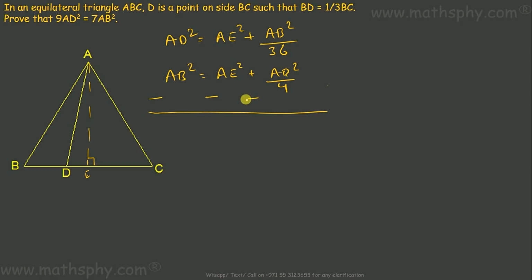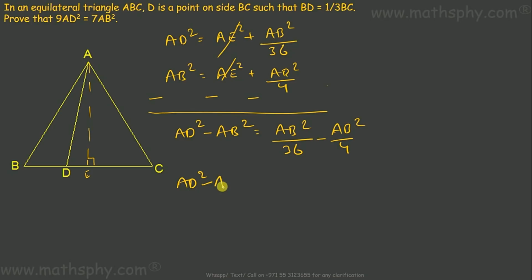Subtract. AE square is gone. What I have here is AD square minus AB square equals AB square over 36 minus AB square over 4.